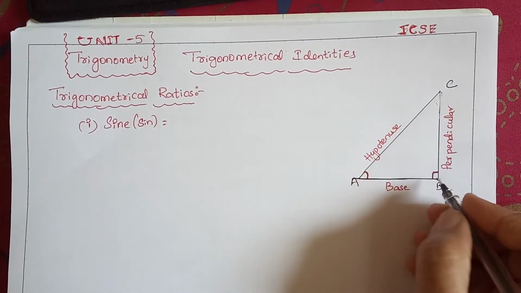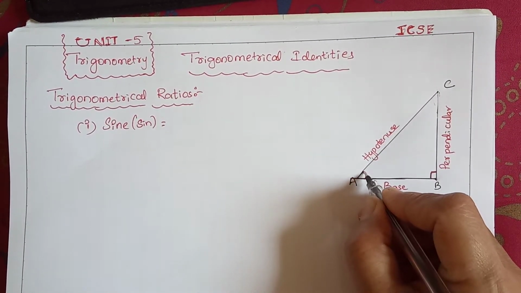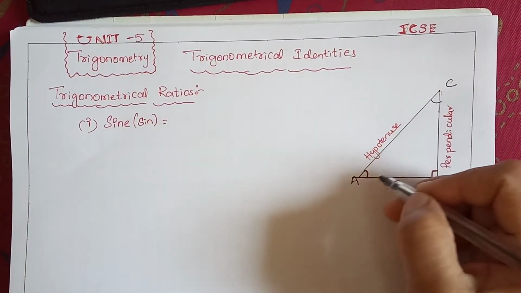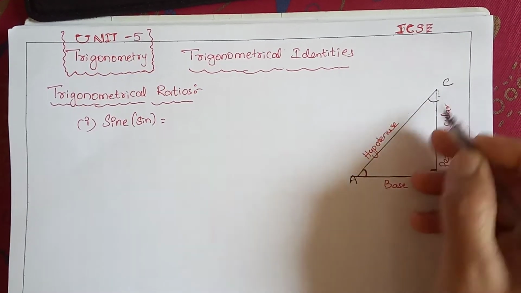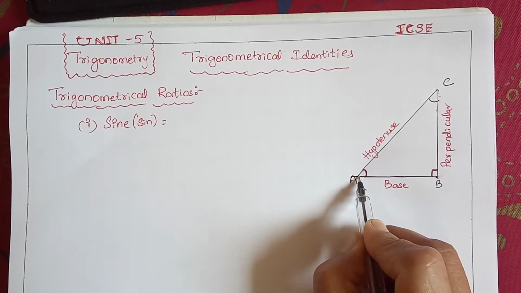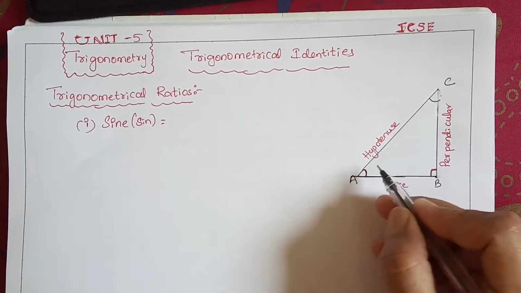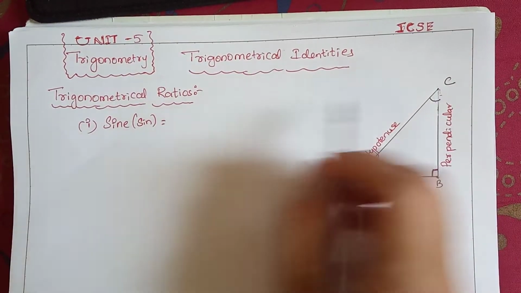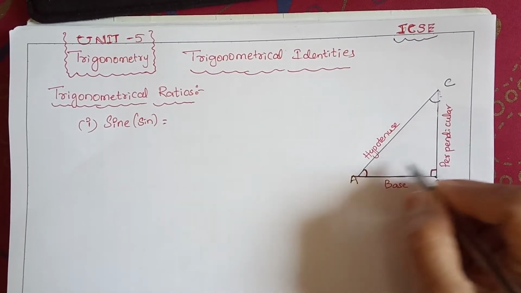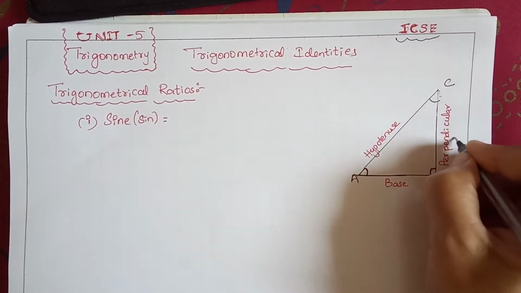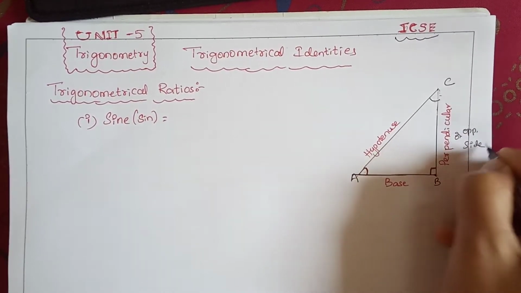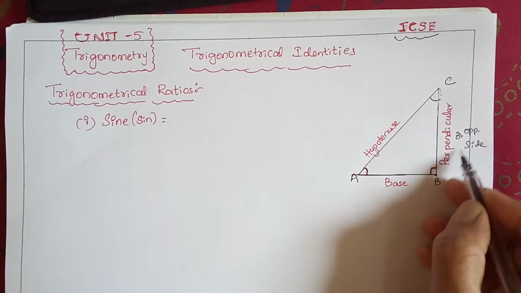In a right angle triangle, you can assume either acute angle A or acute angle C, and the questions may be based on A or on C. But here I am going to define the ratios using the angle A. One more thing, children: in another syllabus, suppose this is ICSE I am teaching now, in other books this side opposite the angle is called the opposite side. So you can call it either perpendicular or opposite.